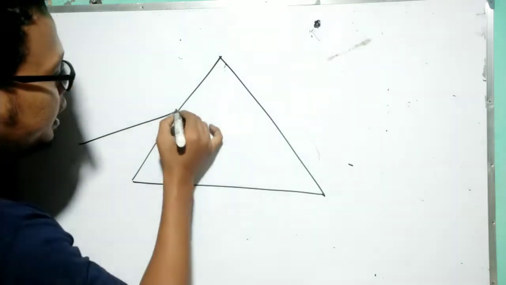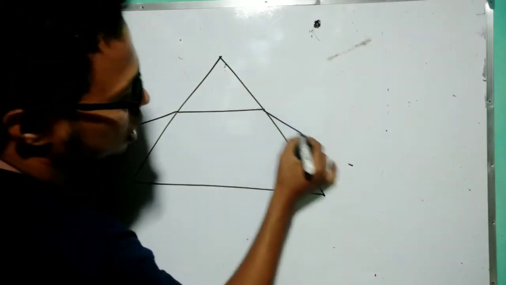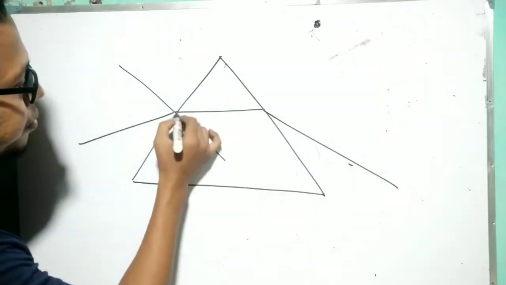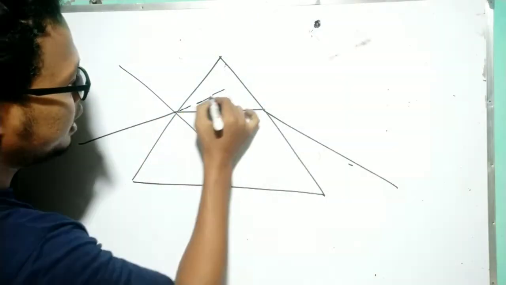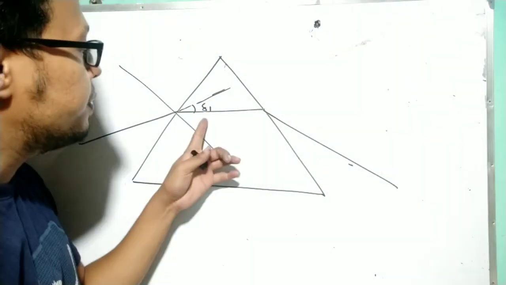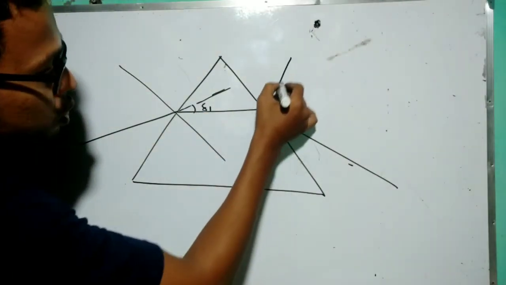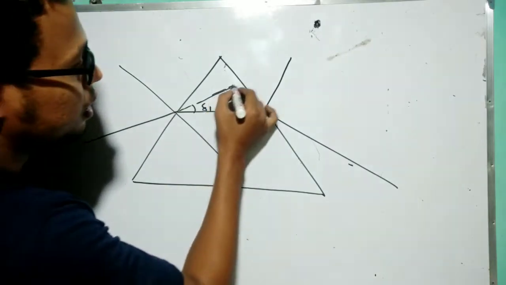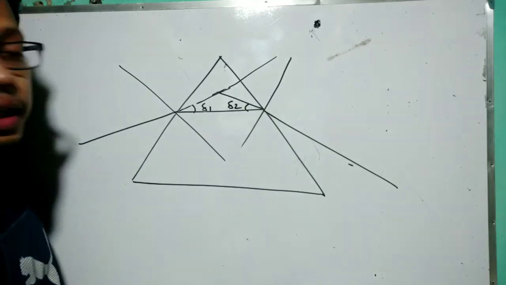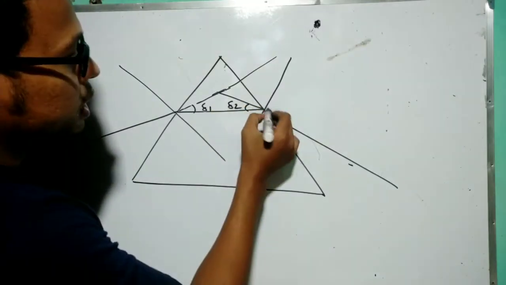If we see the action of the prism, when a light passes through the prism, the diagram is like this. And here if we draw the normal, then this angle is delta 1, which represents the angle of deviation at the first surface, and if we draw the normal at the second surface, then this is the angle of deviation at the second surface, which is delta 2.